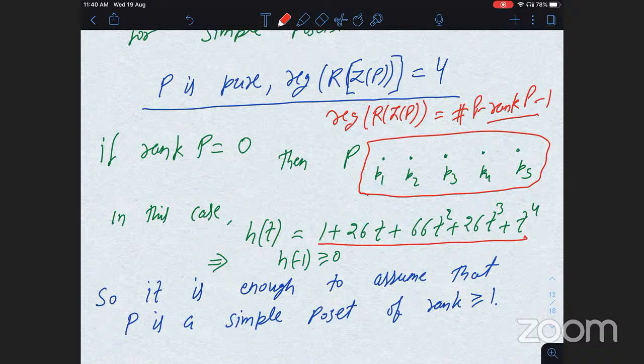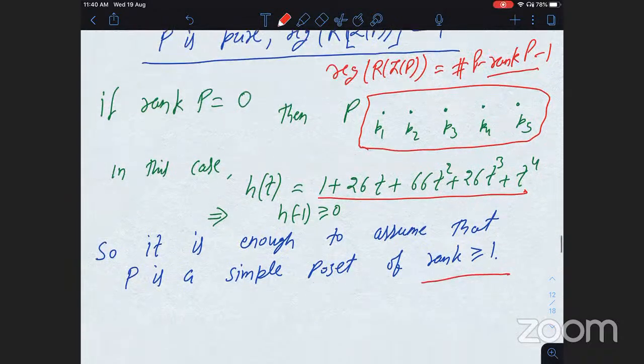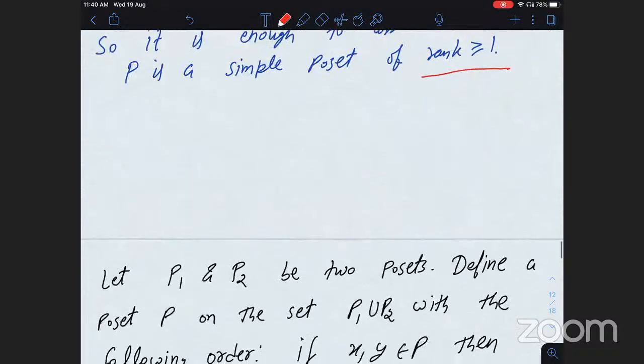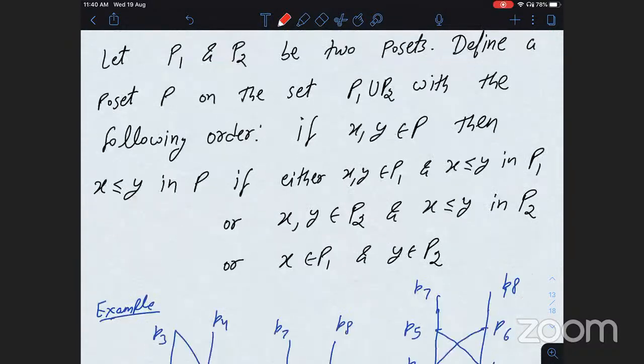So now it is enough to assume that P is a simple poset of rank greater than or equal to 1. Now I'll define something here. Let P1 and P2 be two posets. Define a poset P on the set P1 union P2 with the following order.